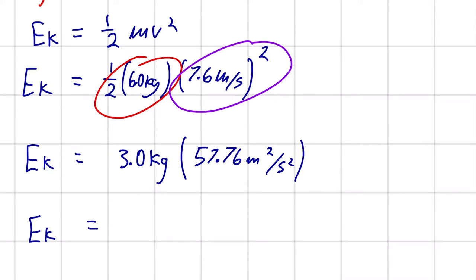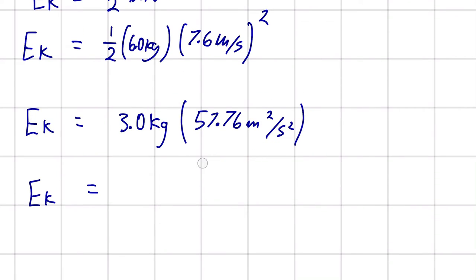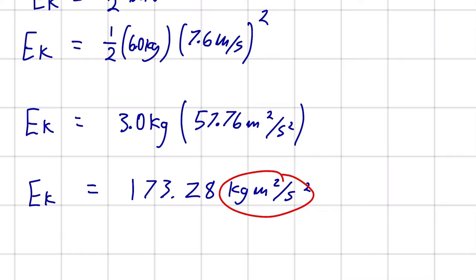Multiplying these two together, we get 173.28 kilogram meters squared per second squared. And this is a joule, a unit of energy. So that's good.